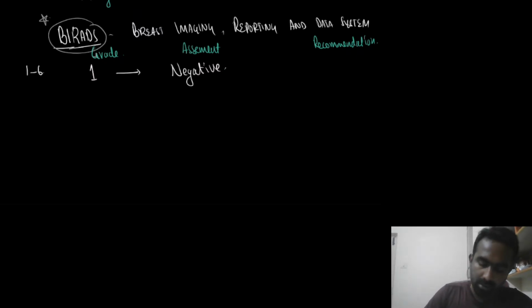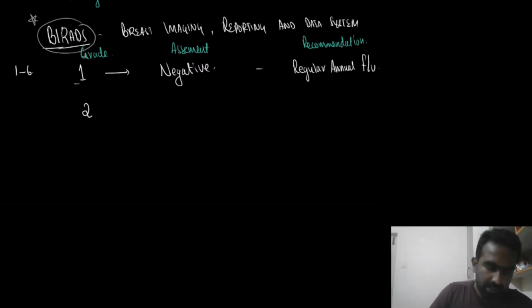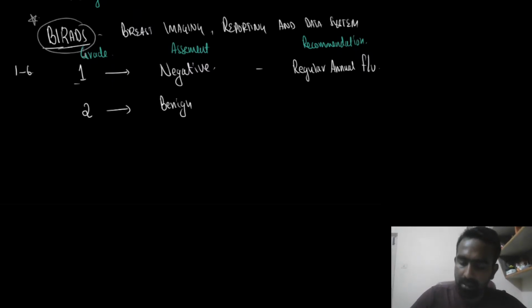If it is BIRADS 1, it is negative. Regular annual follow-up. If it is BIRADS 2, it is benign. Let's say it can be a fibroadenoma, traumatic fat necrosis or fibrocystic disease.